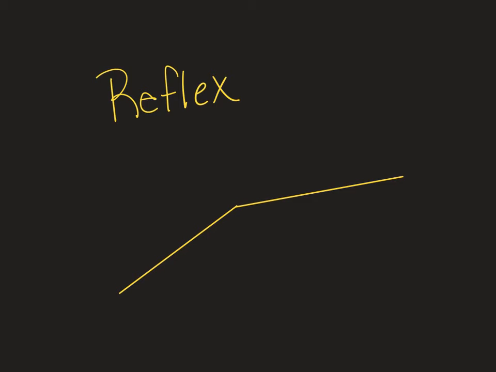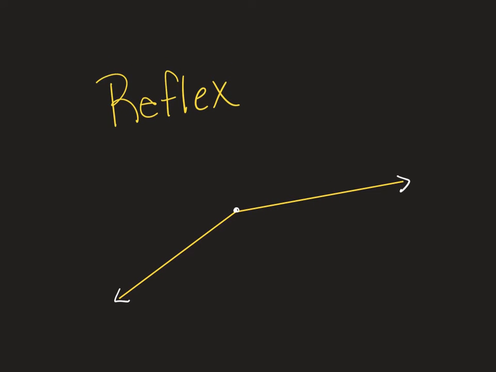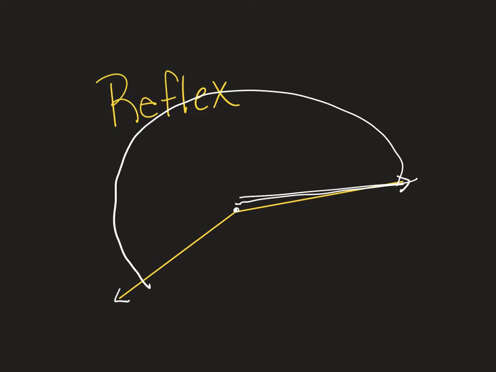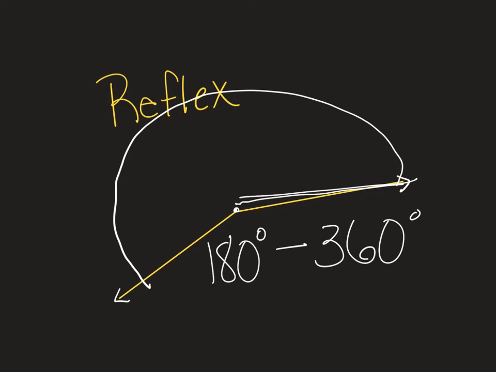So you have your endpoint here and your lines going that way. If this line here was more straight, which is really how it should be, and then you go from here over to here, then you have more than 180 degrees. So it's 180 degrees to 360 degrees. That's what a reflex angle is.